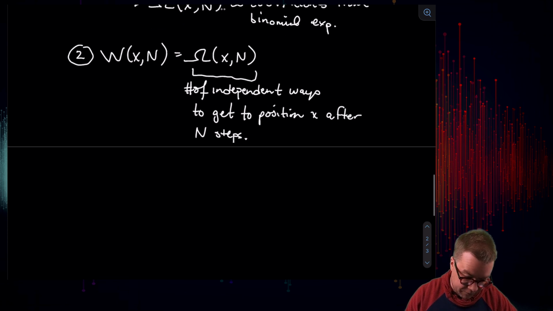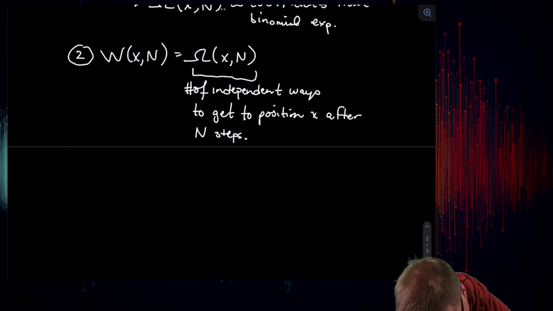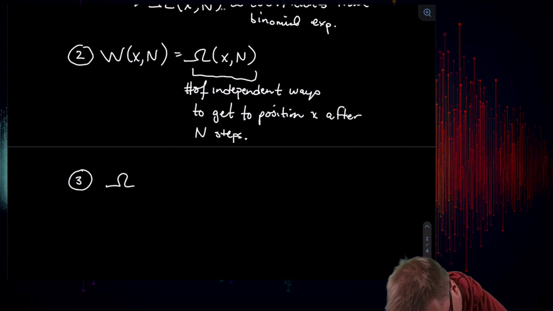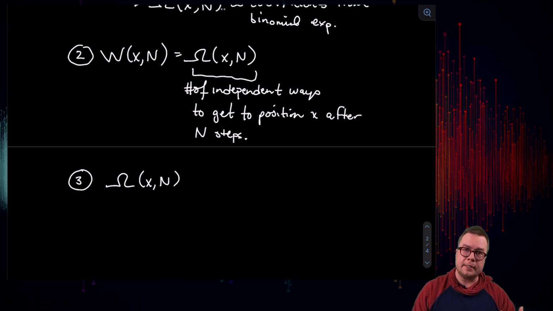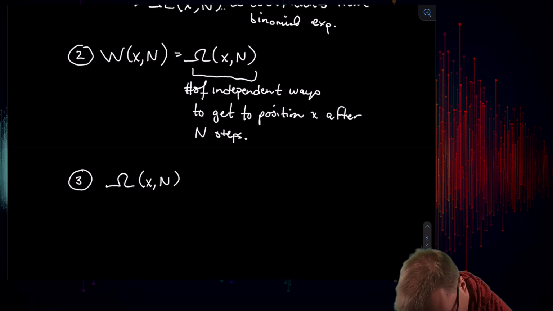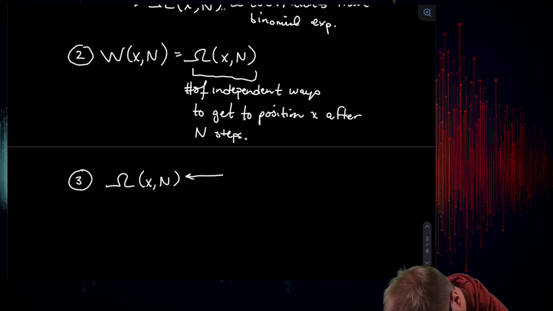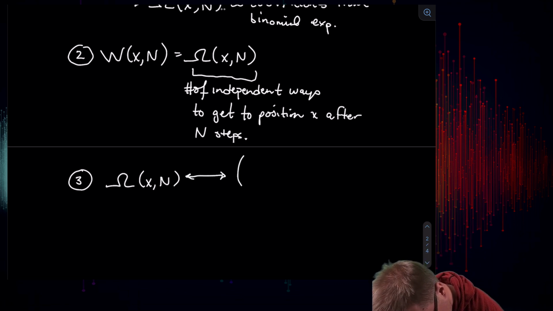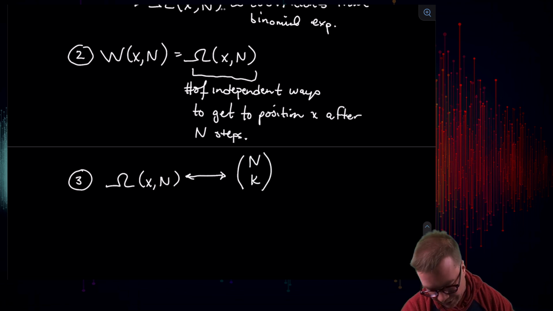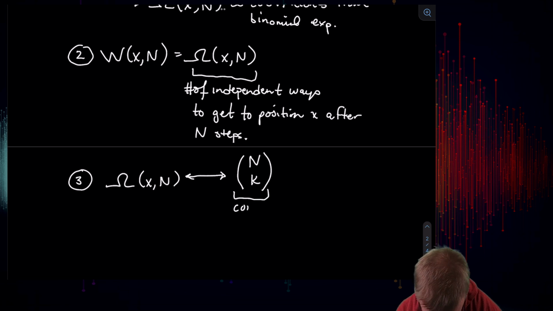So, if you think about it, what is this? Well, again, we're making a connection between the number of microstates that exist for a position x after n steps and the coefficients of the binomial expansion. And these, if you remember, are the combinations.